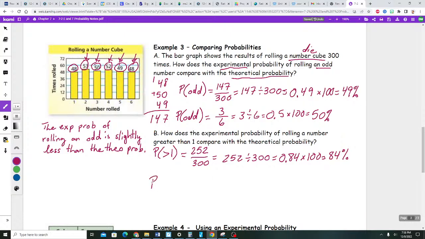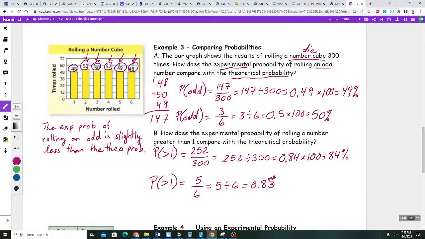Well, for theoretical probability of greater than 1, we know there are 6 possible outcomes, and there are 5 numbers greater than 1 on a number cube. So we have 5 divided by 6, which is 0.83 repeating.